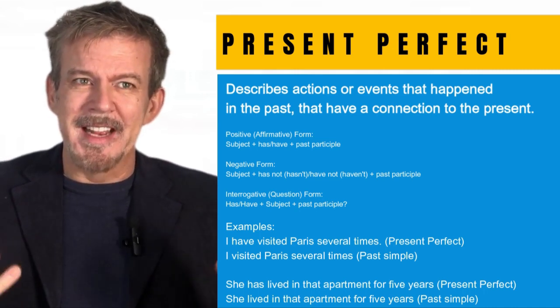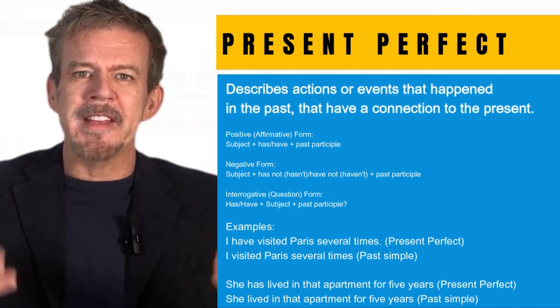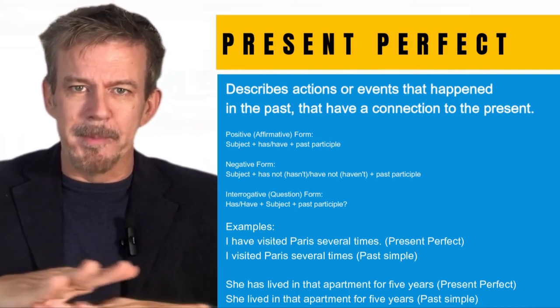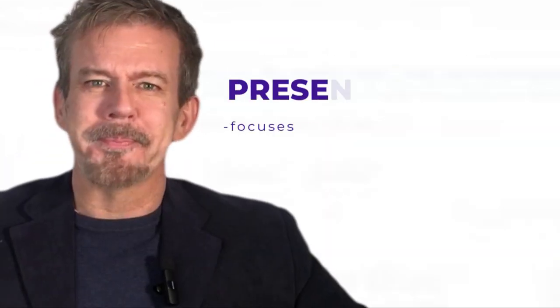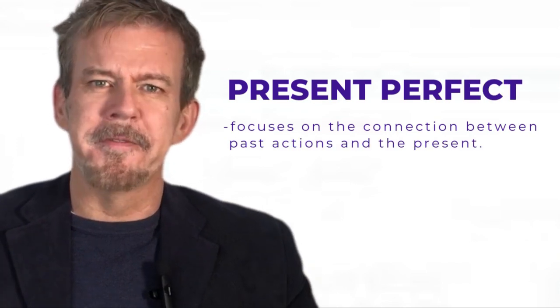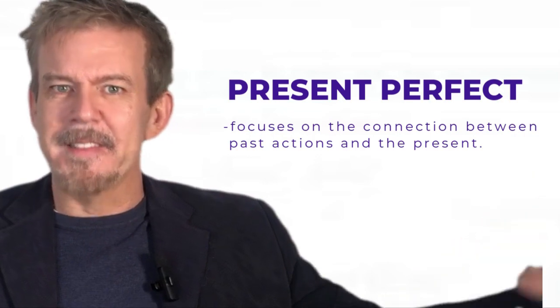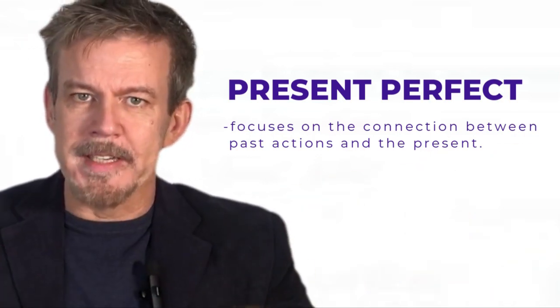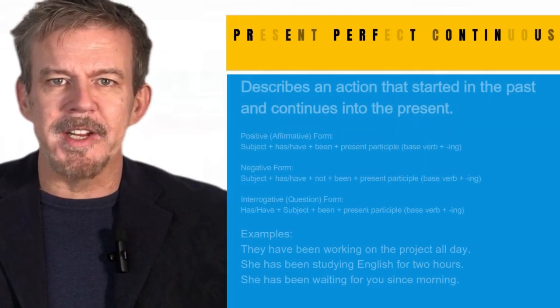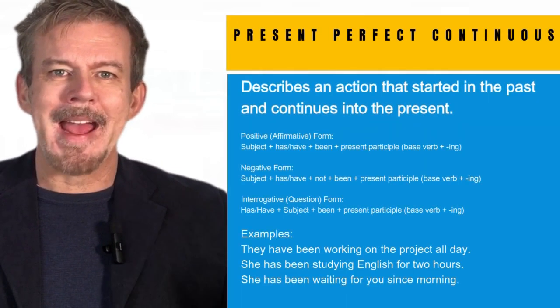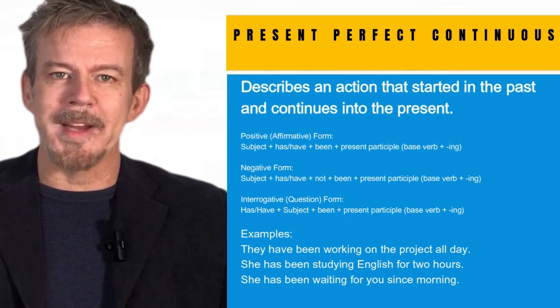This suggests that the period of living there is over. It's complete. So, use present perfect to focus on events that took place in the past that are connected to the present.